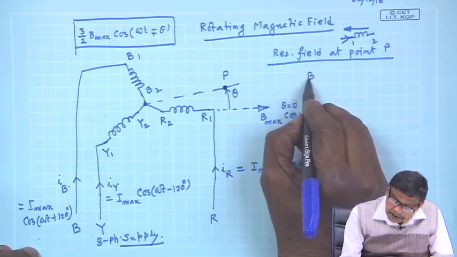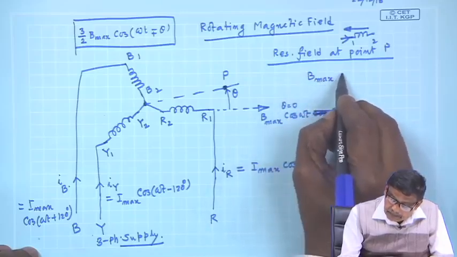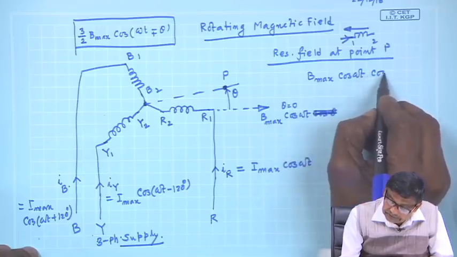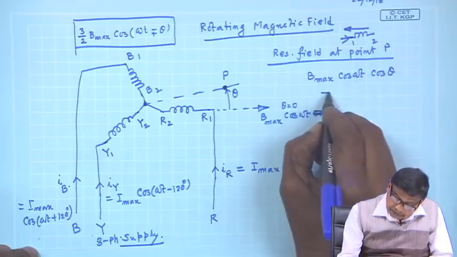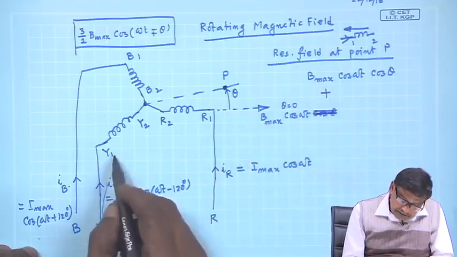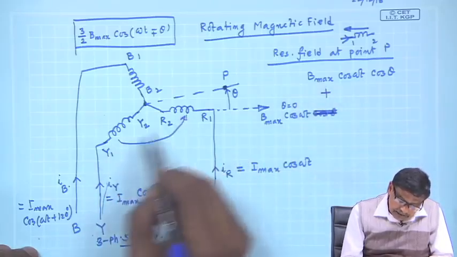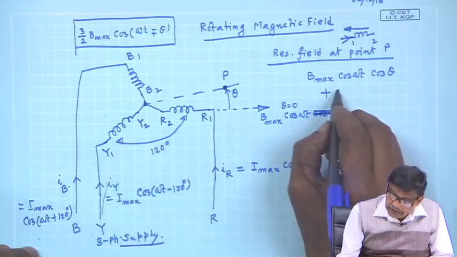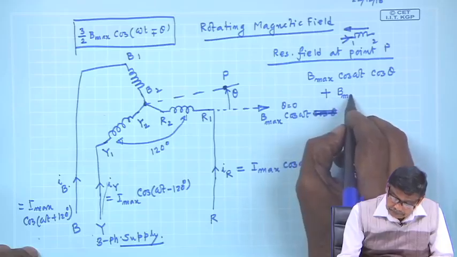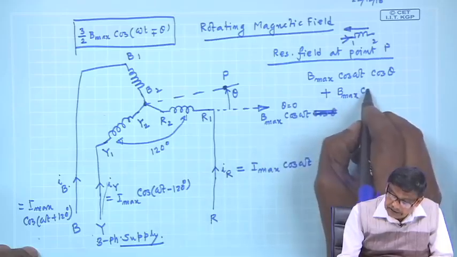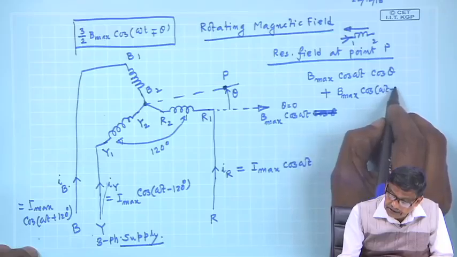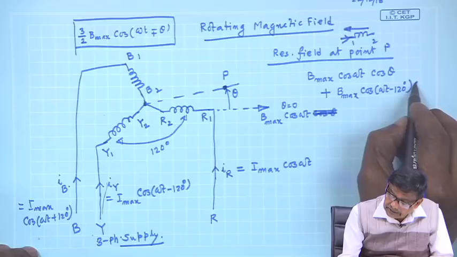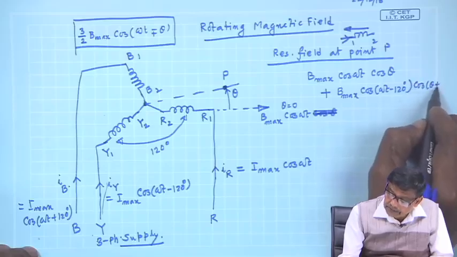So, it will be B max cosine omega t and then cos theta, plus, because of Y phase, this angle is 120 degrees electrical. So, this will be B max, current is cosine omega t minus 120, but this angle you note, it is cosine theta plus 120.